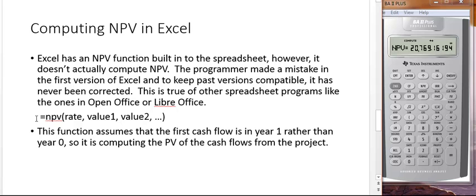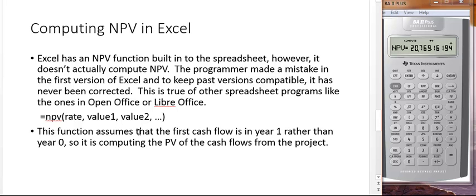So this is the way you put in the function into Excel: you put equals NPV, and then if you put a parenthesis, it will tell you what to put. The first thing you put in is the rate, and then you put in the values of each cash flow. You could actually type in the numbers, or if you happen to have them in a row or a column, you could tell it to go from, for example, cell A4 to cell A10, with a colon.